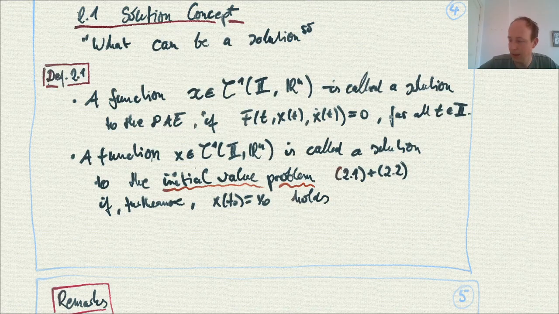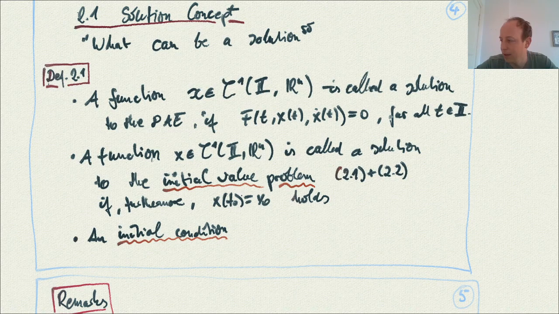No surprise here, but now this is somewhat more. This also holds for ordinary differential equations. Now the last point is more specific to DAEs, because this is now about the initial condition. Okay, this is really important. So it's about the initial condition 2.2.